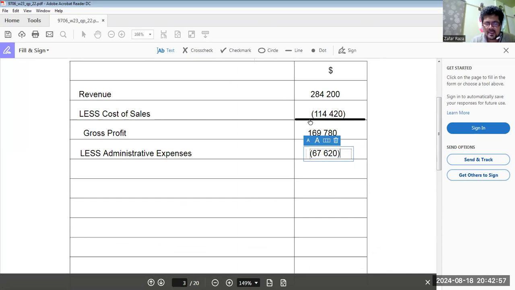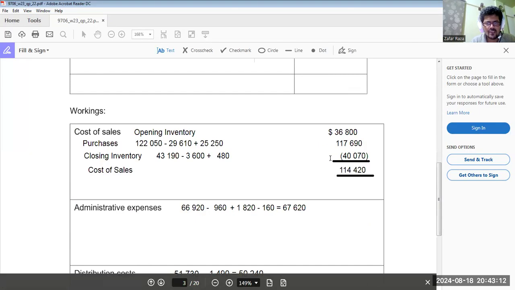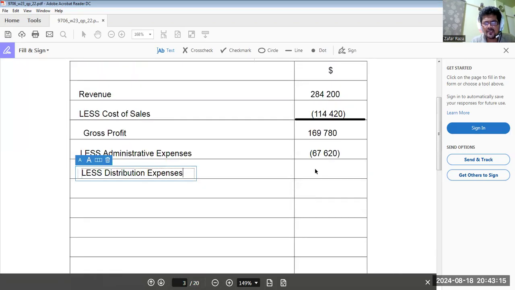And less distribution expense. That was how much? 5,240. Done. And we'll get here profit from operations.